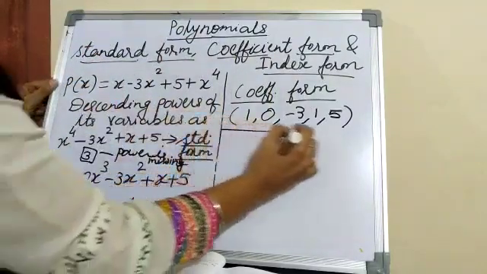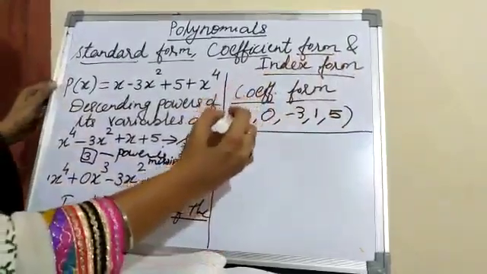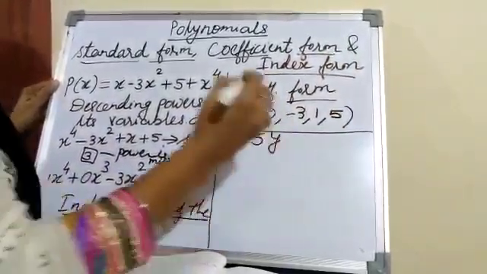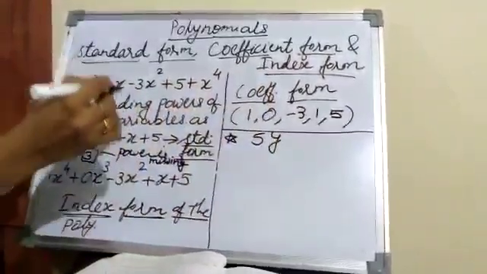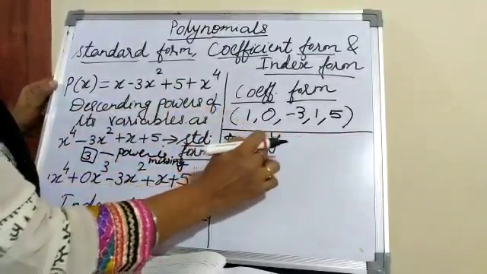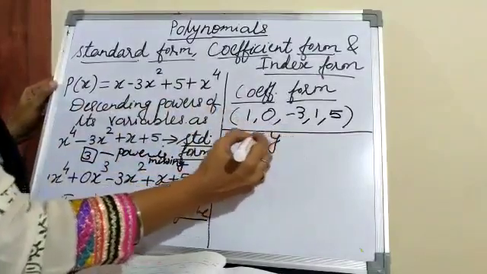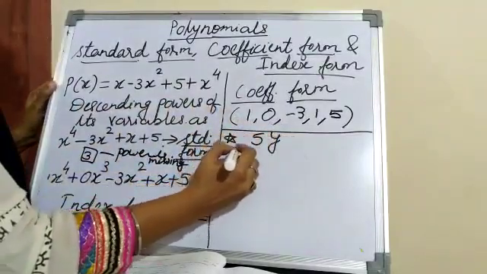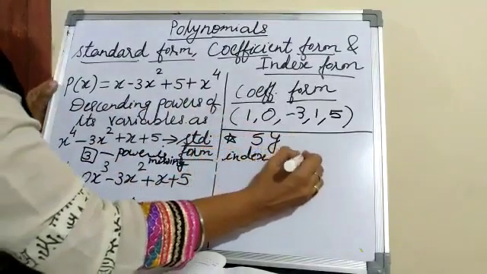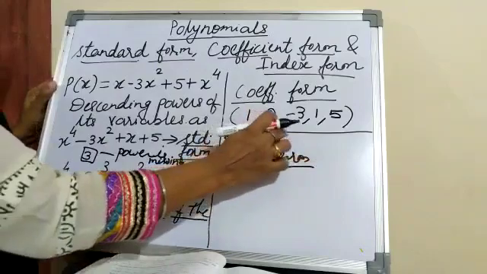Now let us see one more example. Let me write 5y. Now my question is to write this 5y in coefficient form. So 5y is a polynomial which you have to write in which form? Coefficient form. Now first you have to write which form? Index form. What is the highest power here? 1.